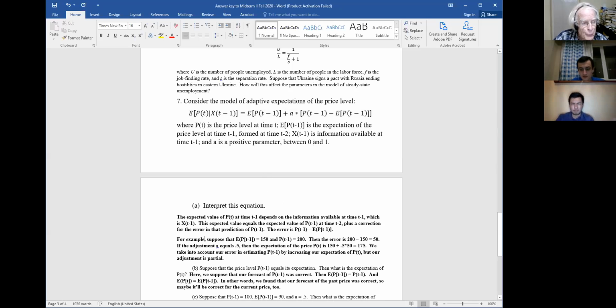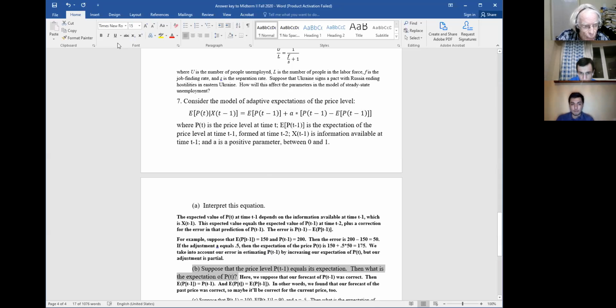Okay, so let's look at part B. Suppose that the price level at time t minus 1 equals our expectation. In other words, suppose that we are correct about last year's price level. What then will we expect for next year in the price level?